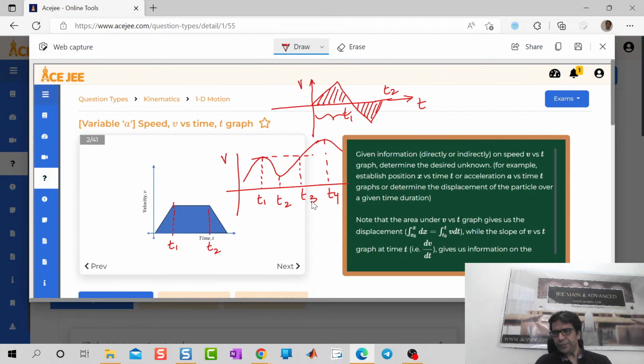Before I talk about this scenario, let me just name these graphs. I'm going to call this graph 1, this graph 2, and this my graph 3.